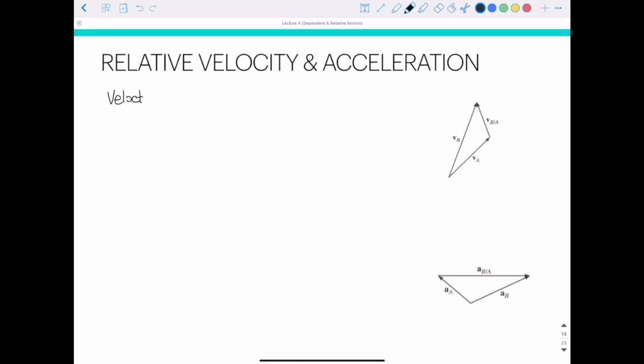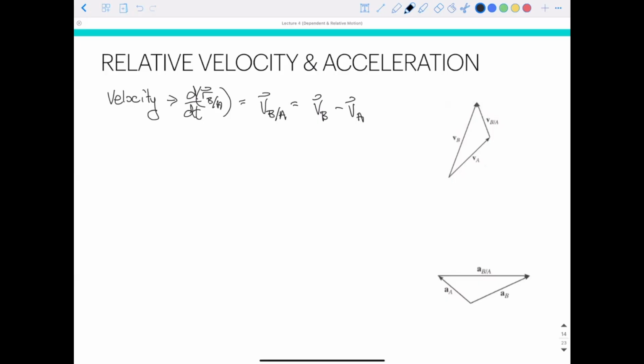So velocity is d/dt of RB/A, which is equal to the velocity of B with respect to A, which is the velocity of B minus the velocity of A.